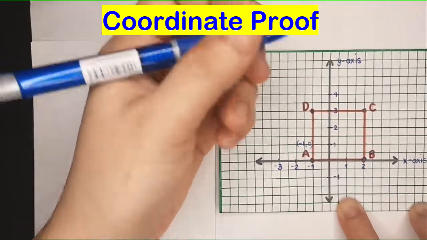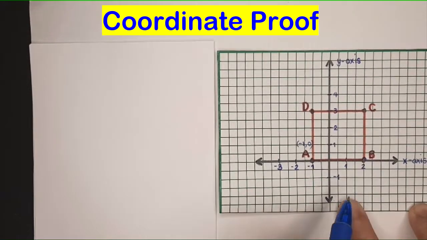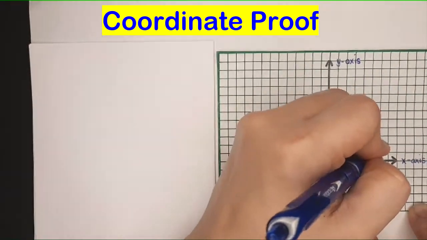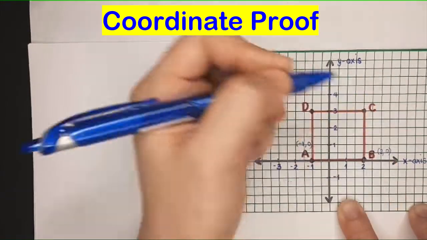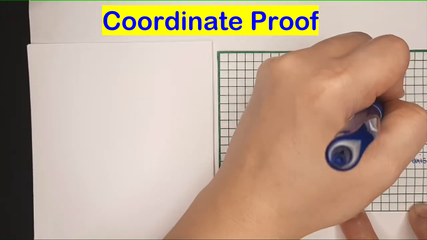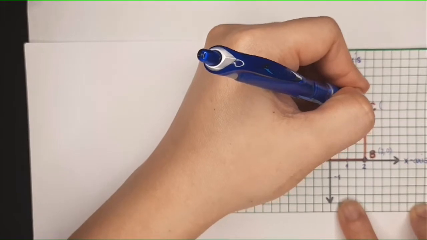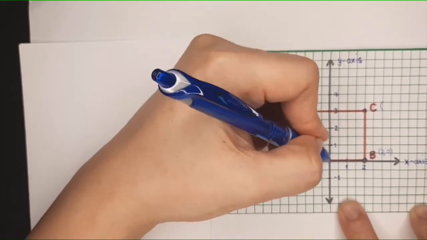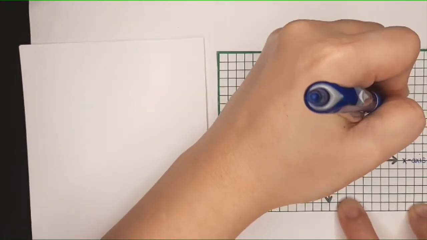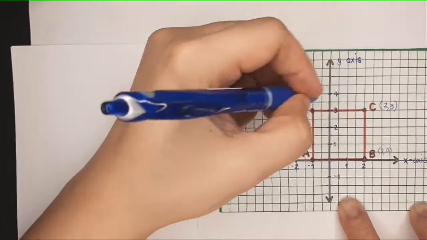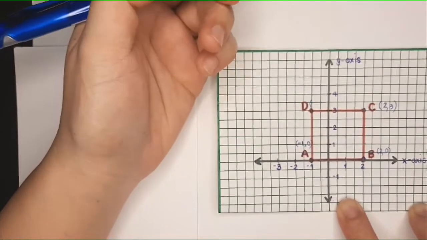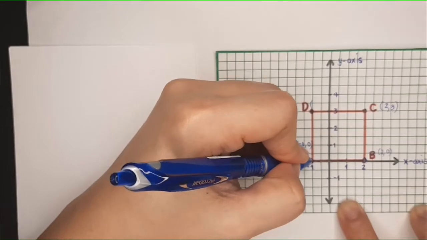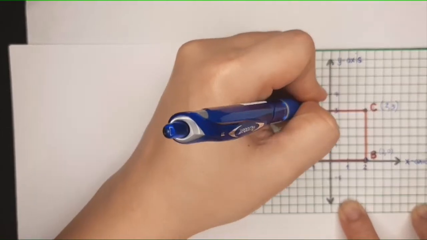What about B? It has coordinates 2, 0. And then C has coordinates 2, 3. And finally, D has coordinates negative 1, 3.